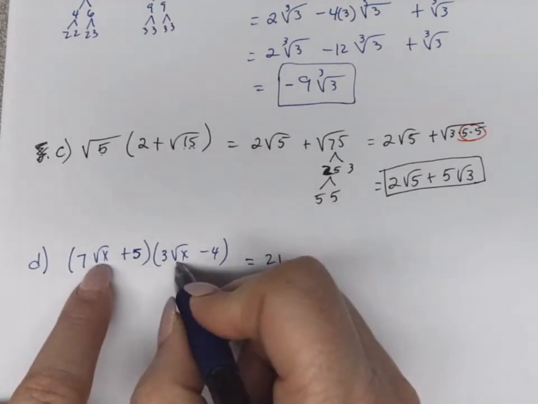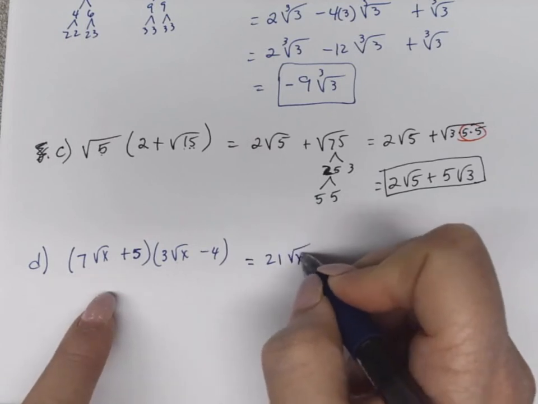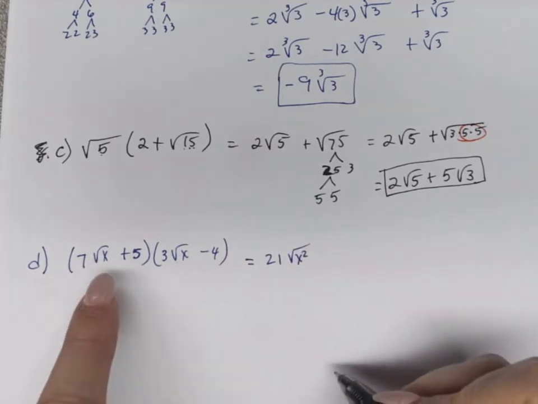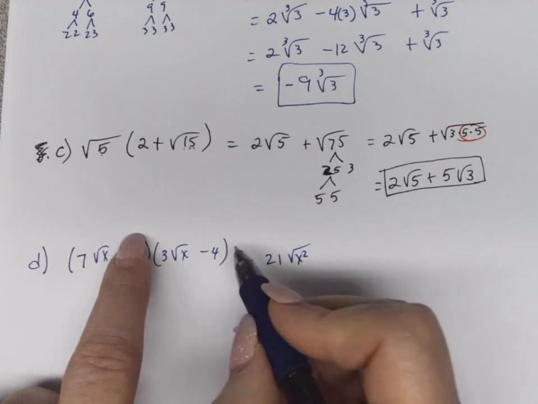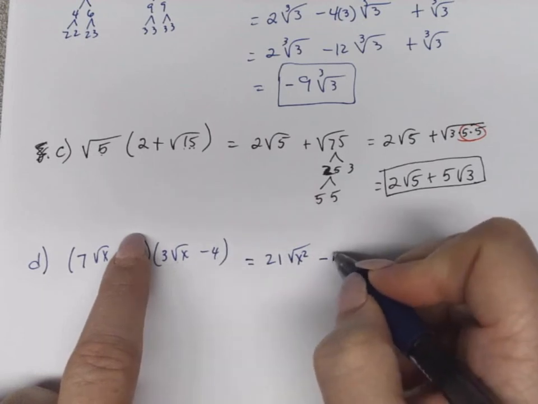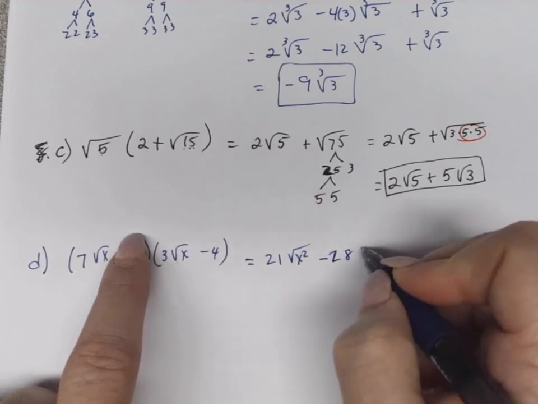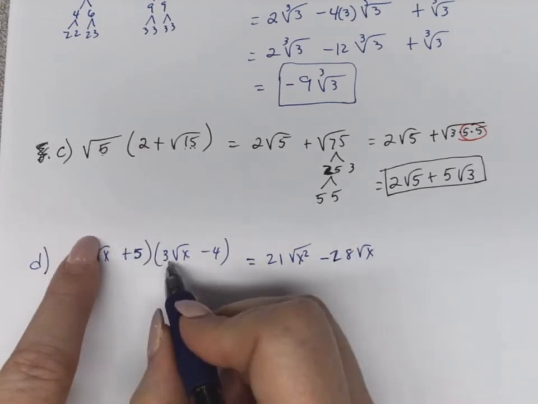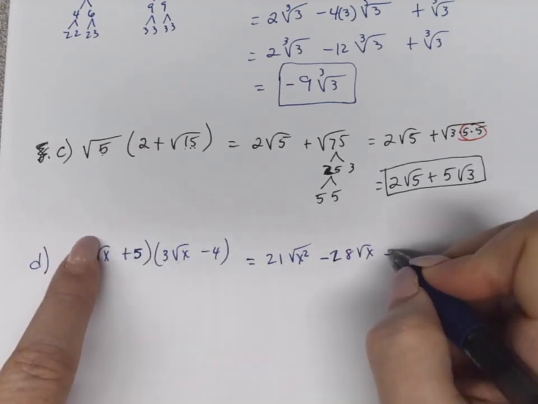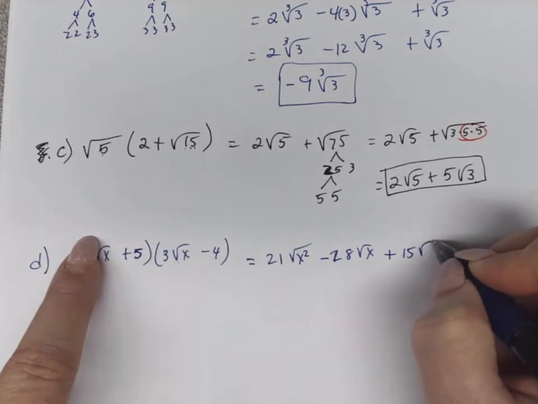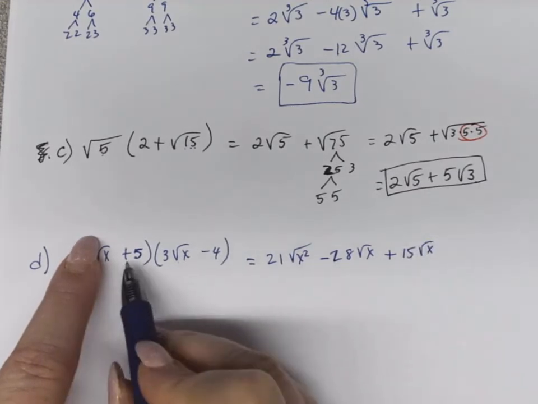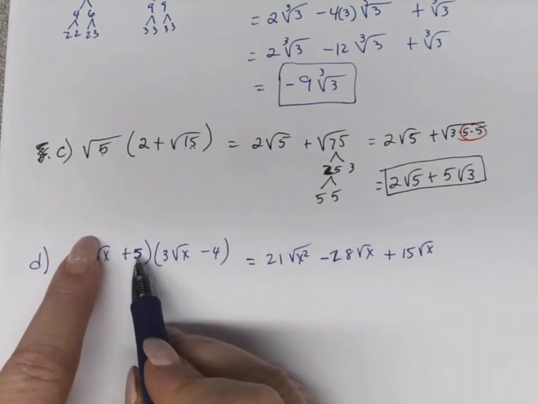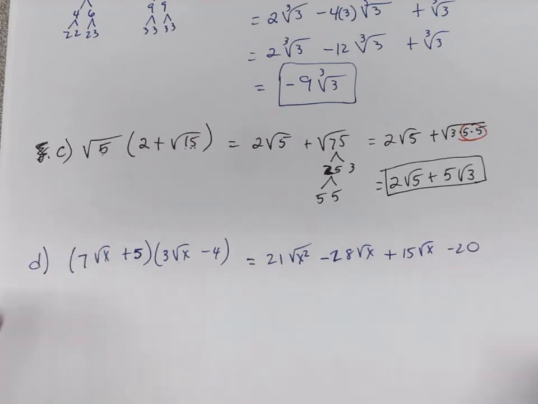Square root of x times square root of x will be the square root of x squared. And then we have 7 square roots of x times negative 4, so minus 28 square root of x. 5 times 3 square roots of x will get us plus 15 square roots of x, because 5 times 3 is 15. And then 5 times negative 4 would be minus 20.